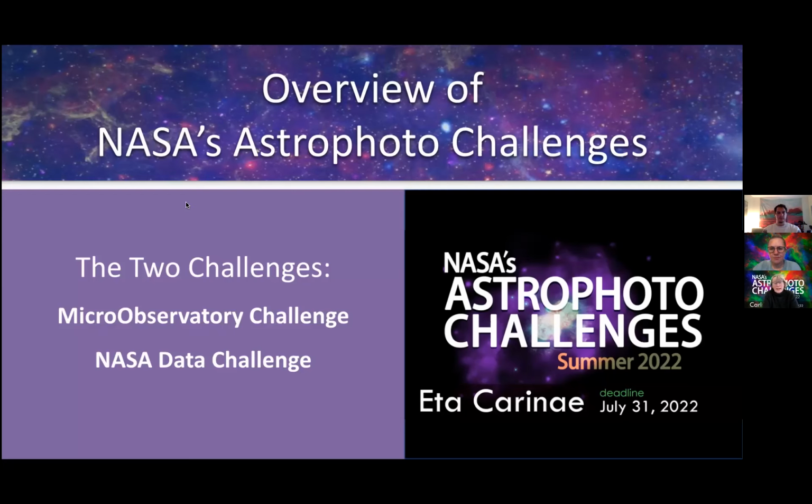And then there's a NASA data challenge in which you have the opportunity to use real data from NASA space telescopes. And we actually combine it with some multi-wavelength, these NASA space telescopes across the spectrum, by the way. Sometimes we also include some larger professional ground-based telescopes as well, which we do this year. And we'll show you that as we move forward.